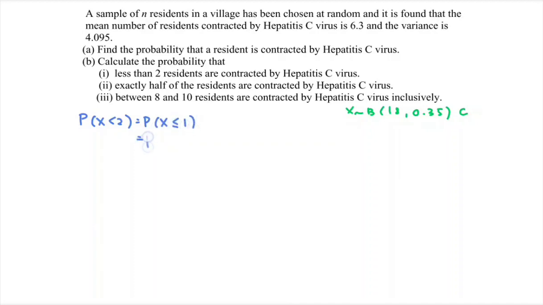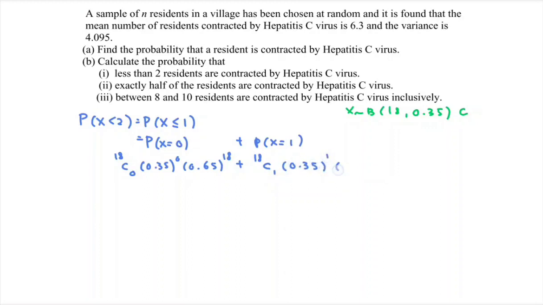So we are interested in the probability that X is equal to 0 plus the probability that X is equal to 1. So in here we have 18C0, 0.35 to the power of 0, 0.65 to the power of 18. Plus we have 18C1, 0.35 to the power of 1 multiplied with 0.65 to the power of 17.